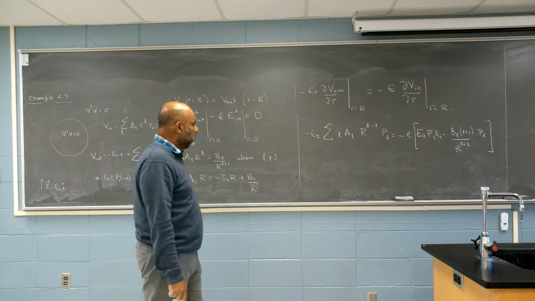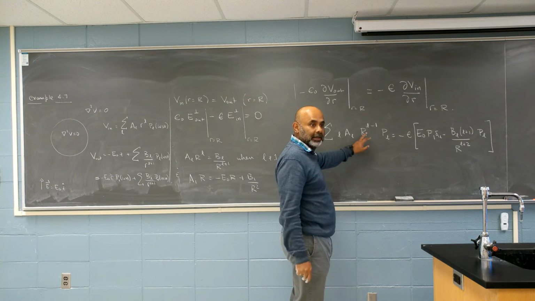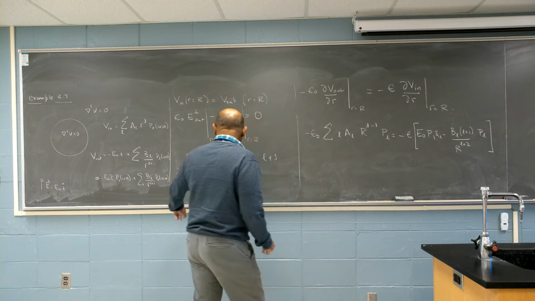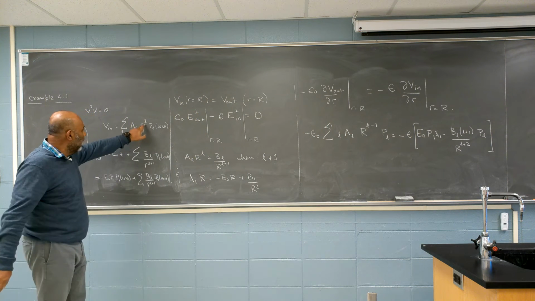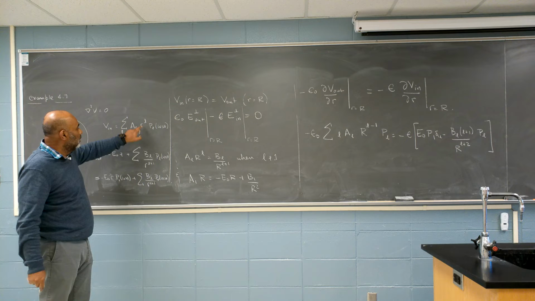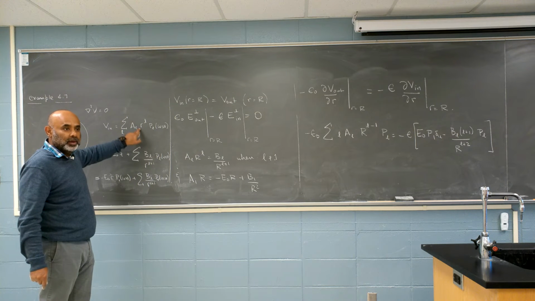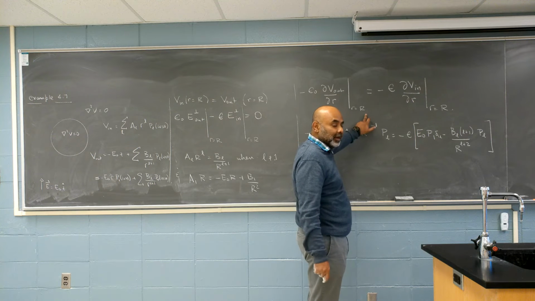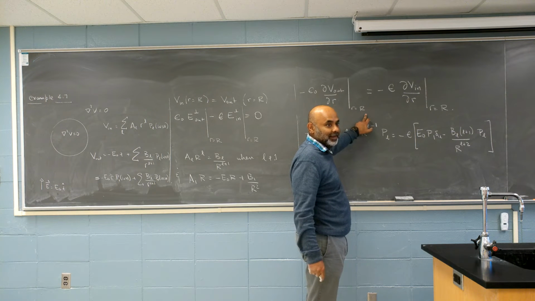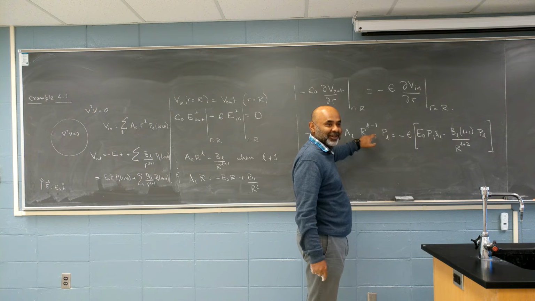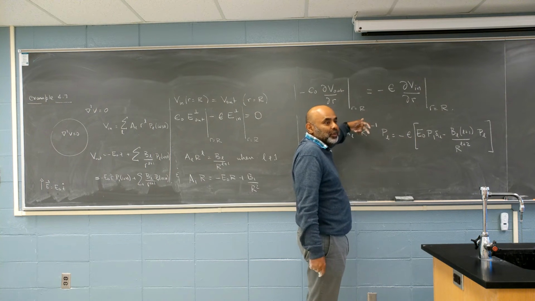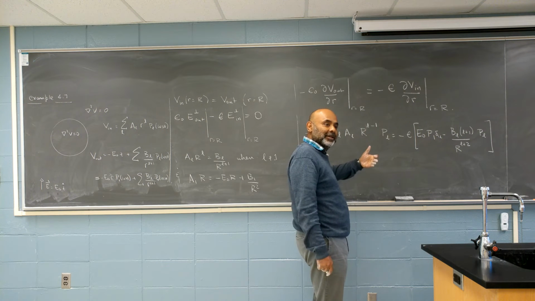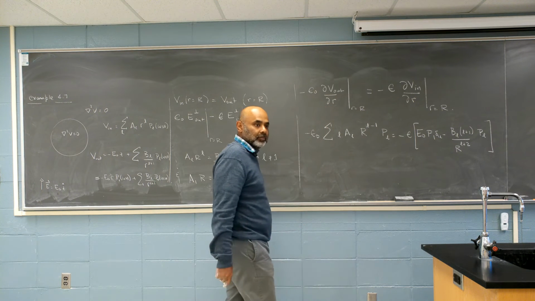First of all, I took the derivative with respect to r, and then I replaced it with big R. So when I take the derivative with respect to little r, I get L times r to the L minus 1. But then I'm evaluating it at this step. I tried to save a line by doing this, but I think the explanation takes longer. I took the derivative with respect to little r, and then replaced the little r with capital R. But why did you do it with the inside?